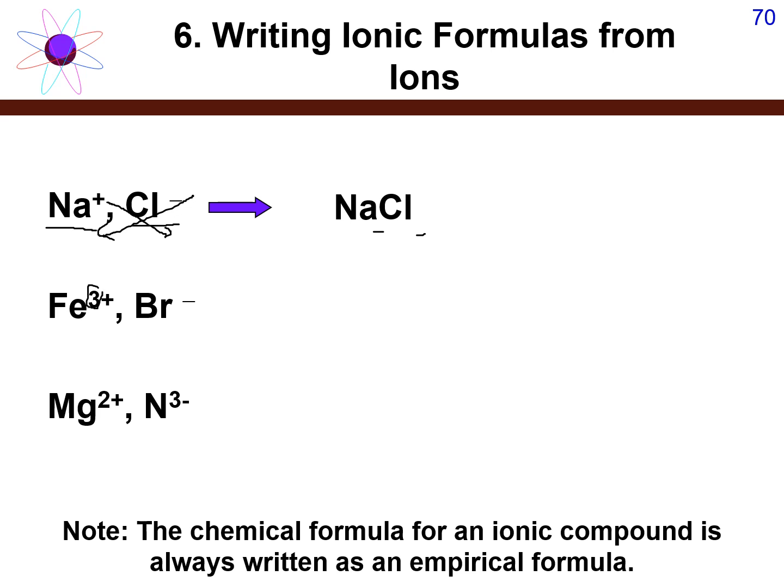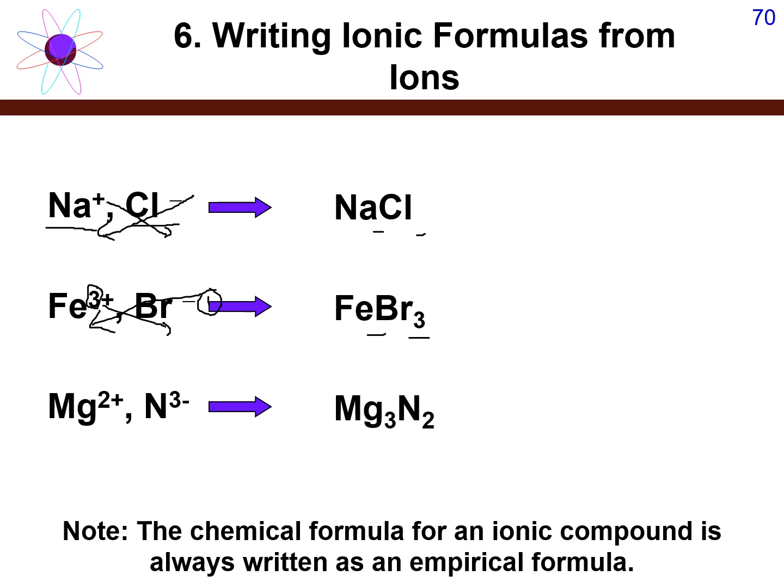Here we have a 3 in the next example. Let's move that down. Take this 1, move that down. If we do that, you're going to get 1 iron and 3 bromines. Next example, take the 3, move it down, take the 2, move it down, and you get this compound here.